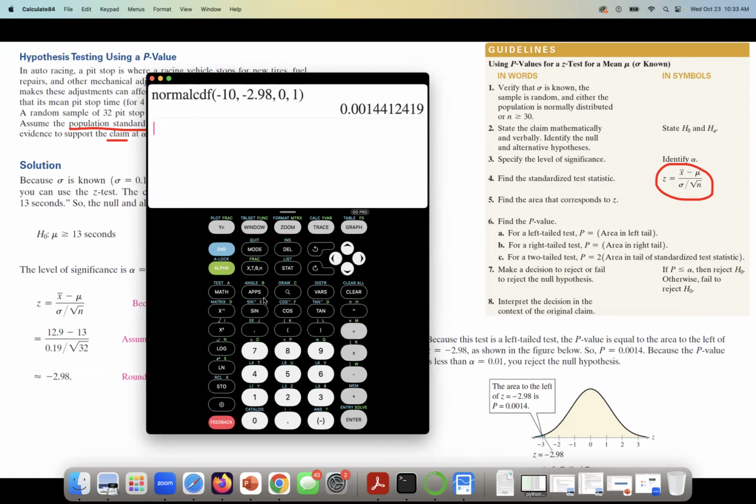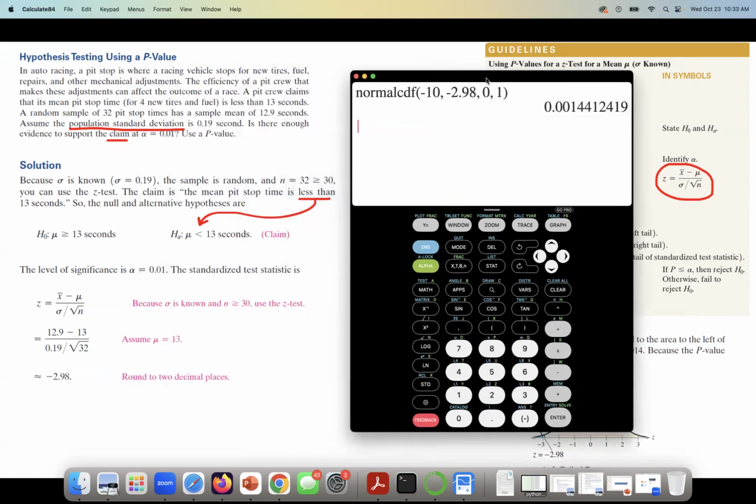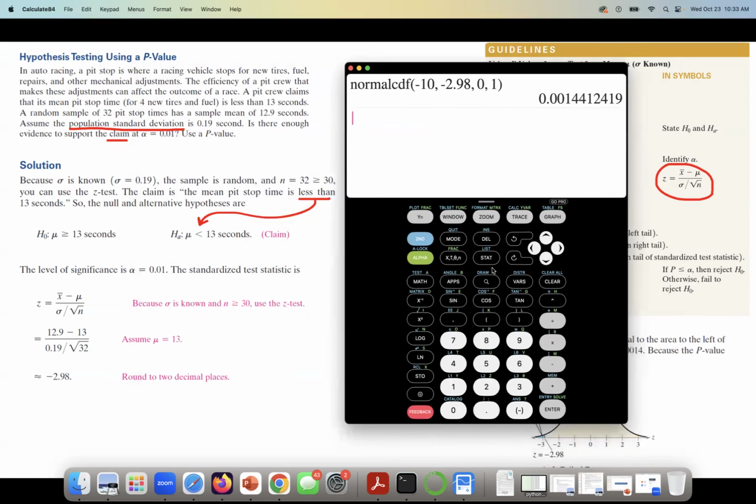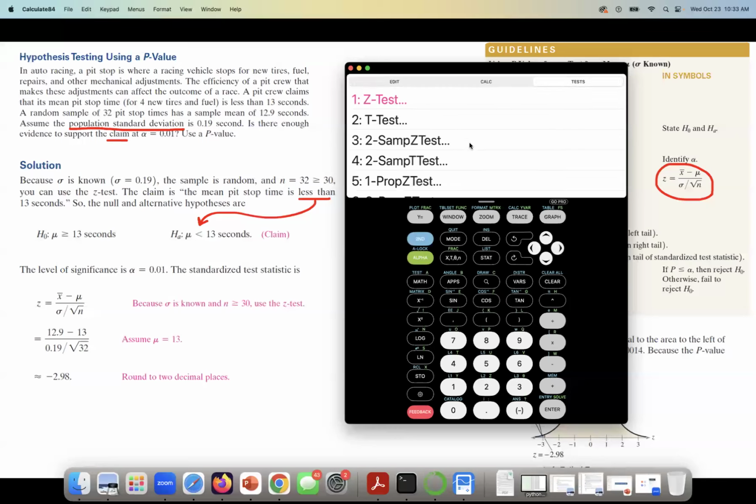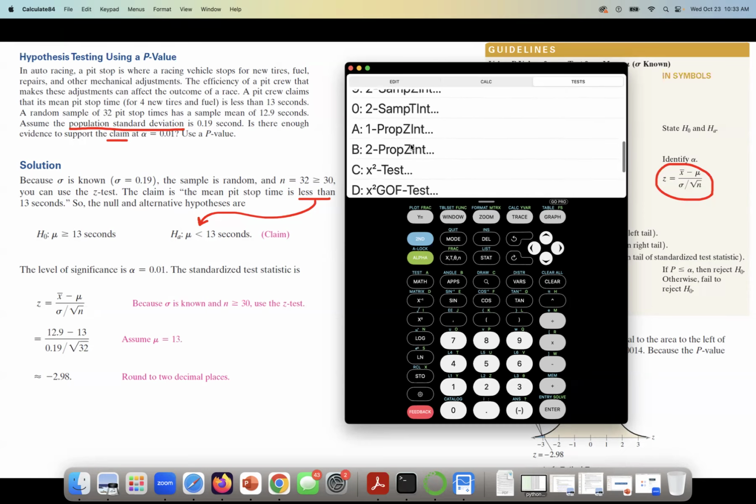Now you can also use your calculator to perform the hypothesis testing. You can go to stat and go to test and find the right test. Here we are not using the proportion one. We are not using two samples. It's not an interval. It's not about proportion.